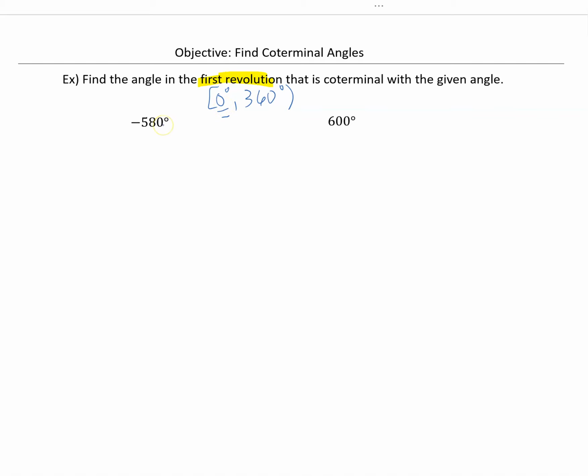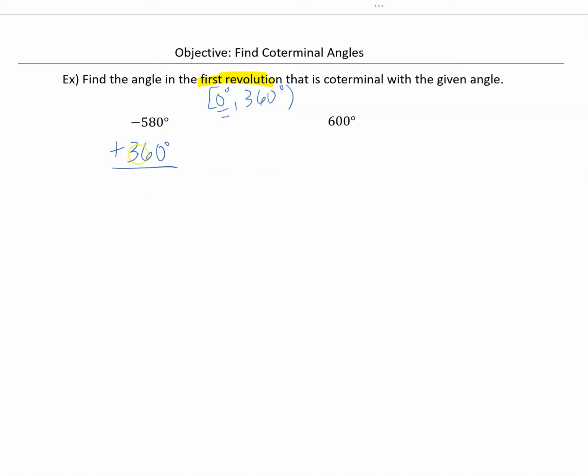And so our negative 580, we could add 360, and it is not going to become positive. So you could add multiples of 360 just like you add multiples of 2π if you're comfortable with that. If you blow it though and you accidentally add a number that's not a true multiple of 360, then you're not going to get the right angle. So just consider that, because these again are no calculator problems.